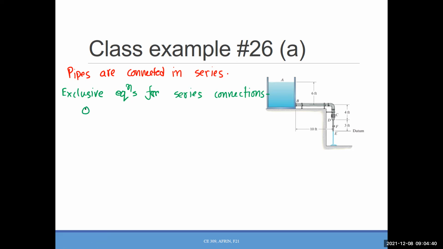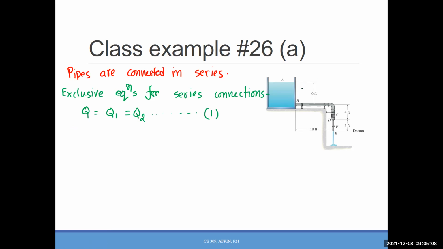So Q equals Q1 equals Q2. That is equation number 1. We also know the total head loss for the system is the summation of the head loss of the individual pipes.